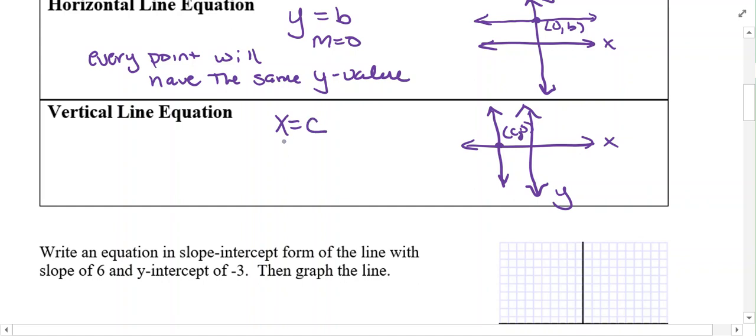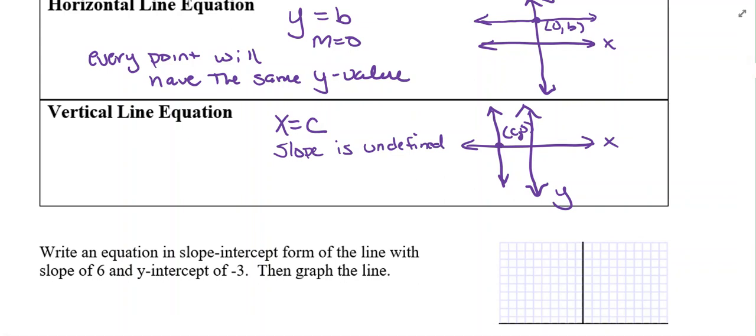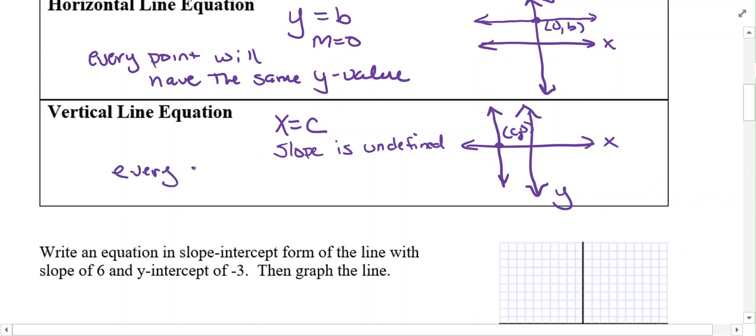The slope is undefined. Don't say no slope because some people think no slope means flat, slope equals 0. So we're going to say the slope is undefined. On this one, every x has the same value.